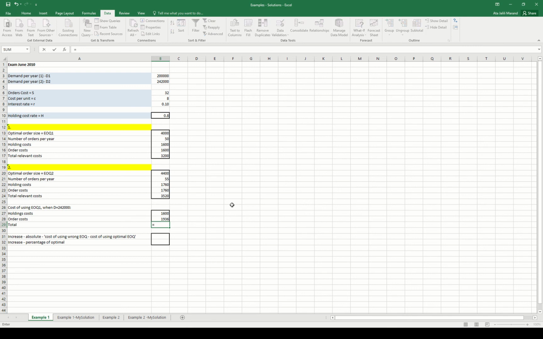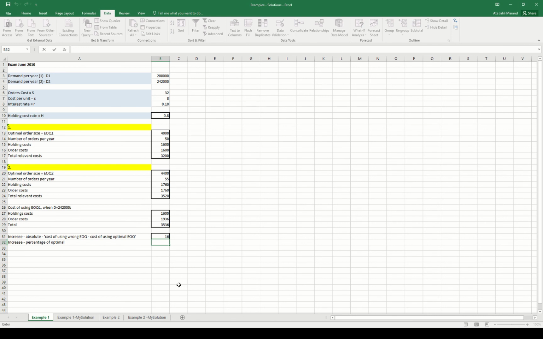And I can calculate the total cost as the sum of the holding cost and ordering cost. And here I want to see the impact of this mistake on the total cost. The absolute increase in the cost is the difference between this value, which we get if we make a mistake in the order quantity, and this, the optimal cost. So the difference is 16.